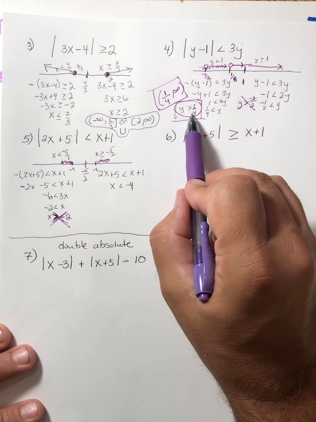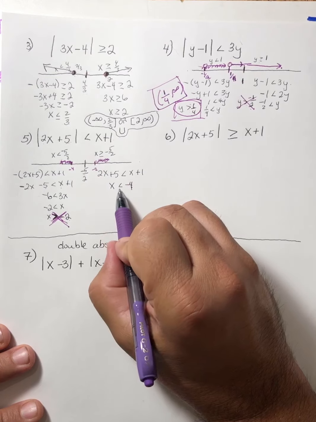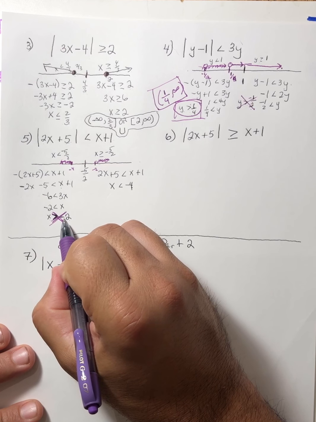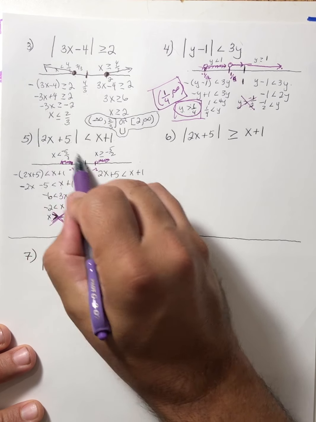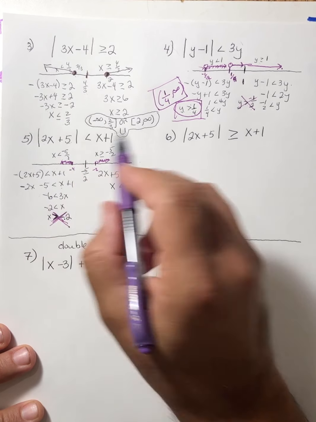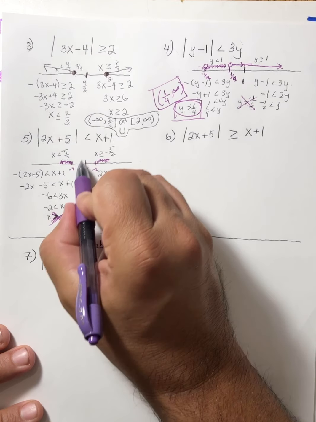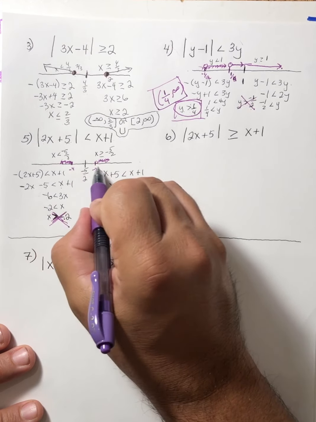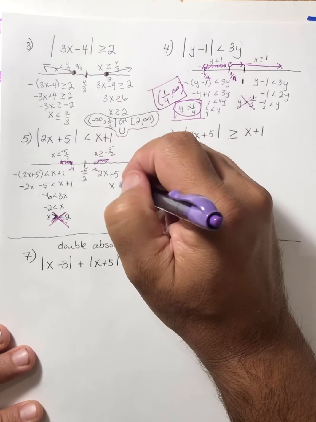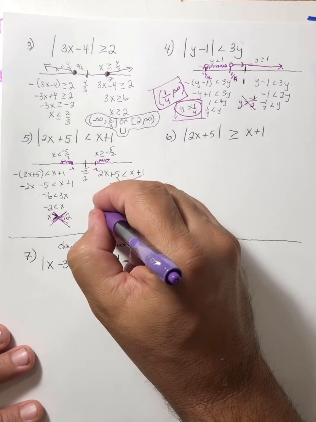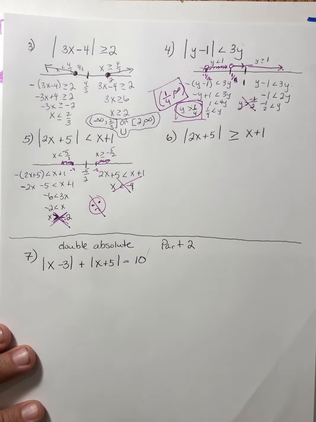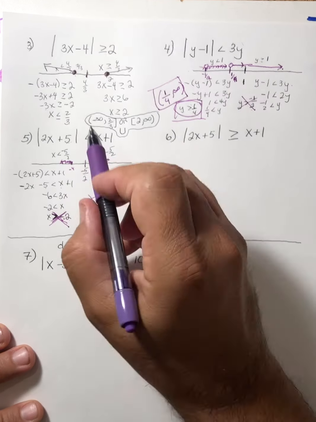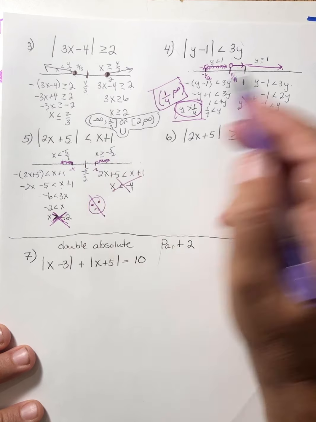So we could have just this y is greater than 1/4. Here, negative 2, and x was greater than negative 2, does not even cover the region to the left here. X is less than negative 4 doesn't even cover the region to the right. So this does not exist either. So this has no answers. Empty set. Because when we did the less than part, we had no answers.